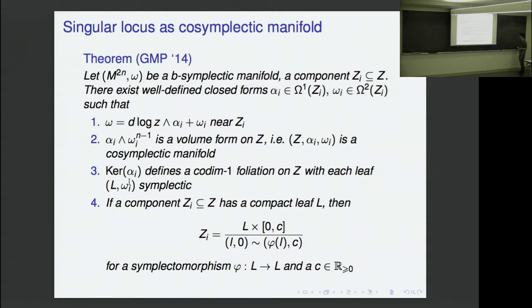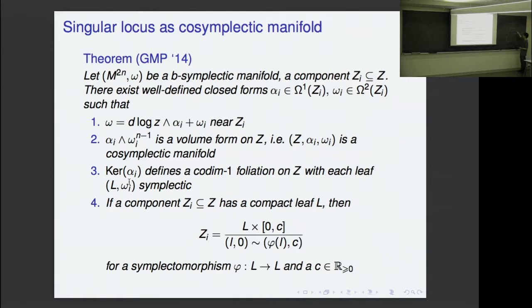What it says is that near this singular locus Z, the b-symplectic form can be written this way: the log of a defining function z, times a closed one-form alpha, plus a smoothly defined two-form, and this alpha and omega will be on the singular locus Z. And therefore, we can consider this triple, Z, equipped with the closed one-form alpha and the closed two-form omega.